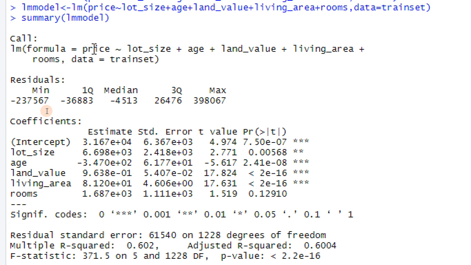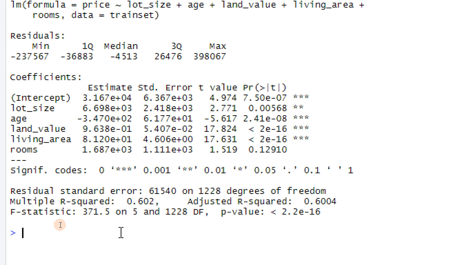Here you can see so many values. Also here you can see the probability of t, and here you can see the p value. So these are very, very important. These p values must always be less than 0.05. So this one is not affecting, based on 0.01.